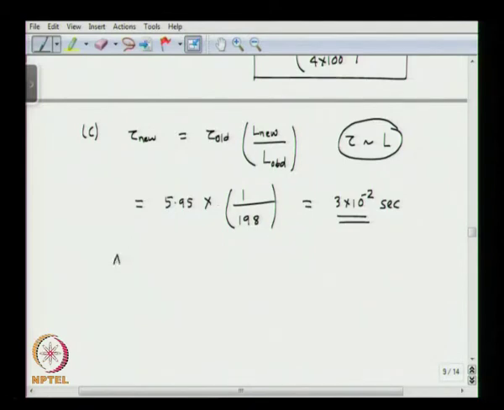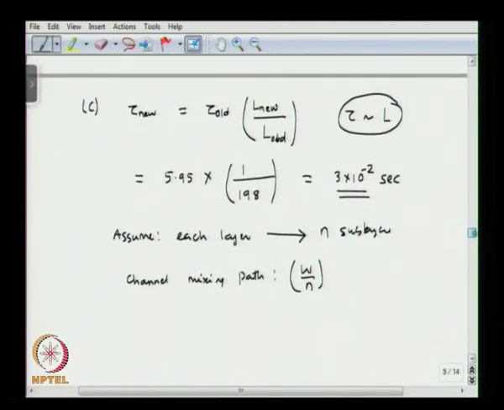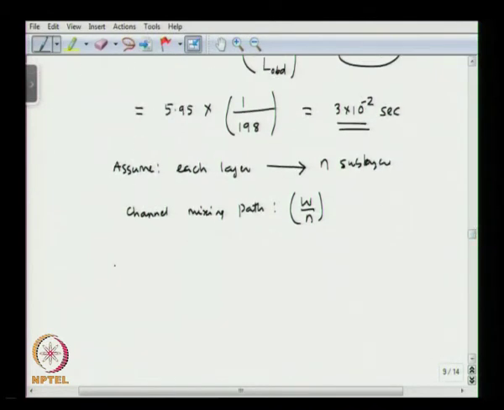Let us say we assume each layer is converted to n sub layers, okay. So, the channel width, channel mixing path will be W over n, okay. So, the new mixing time tau nu will be equal to 0.5 W square divided by n square d square, okay.